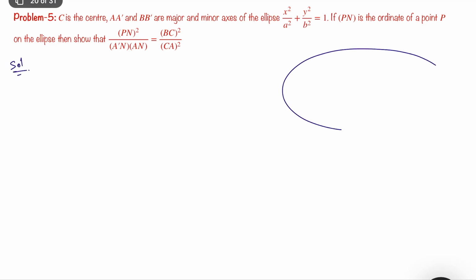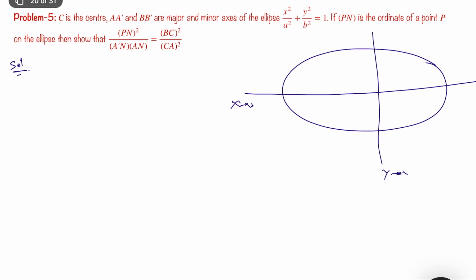Here, this is the standard ellipse with the x-axis and y-axis. Here is the center, whose equation is x square by a square plus y square by b square equal to 1. Here we are considering the case a greater than b.